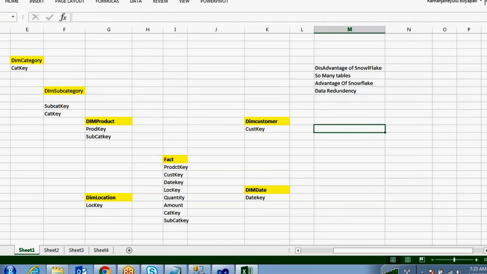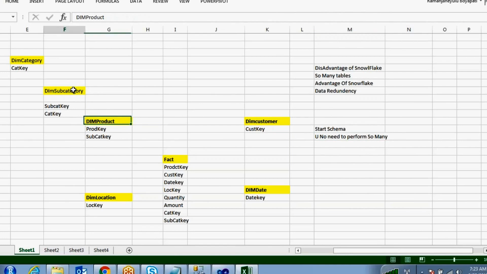Under the star schema, you don't need so many tables. You can maintain the product information, category information and subcategory information all in a single table as well.